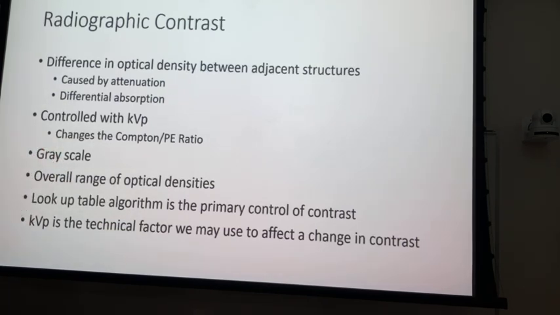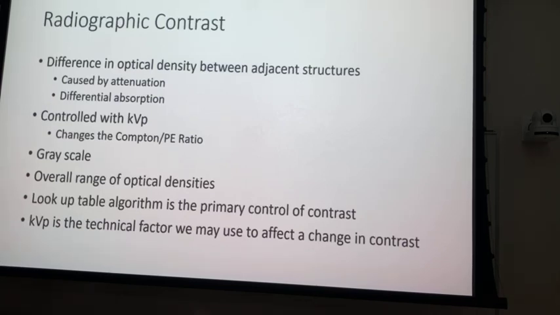So you go into clinicals and you shoot all this and you say, I don't get it. Well, that's because your computer algorithm fixes it for you. The science behind it and the differential absorption still applies. It's just that processing has changed so much in the last 10 years, 5 years even, that visually you just don't see it all that much anymore.